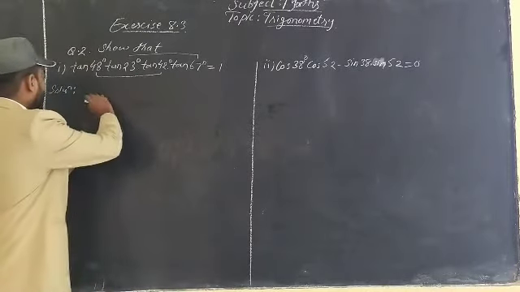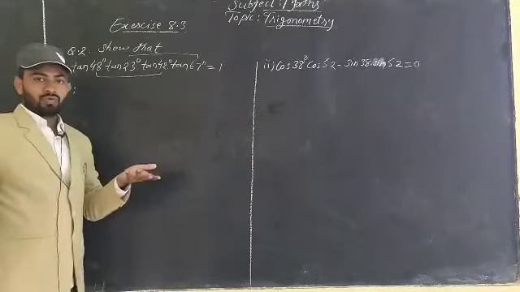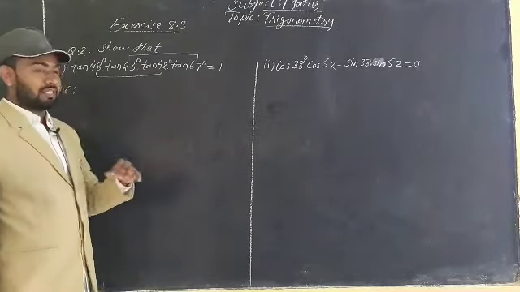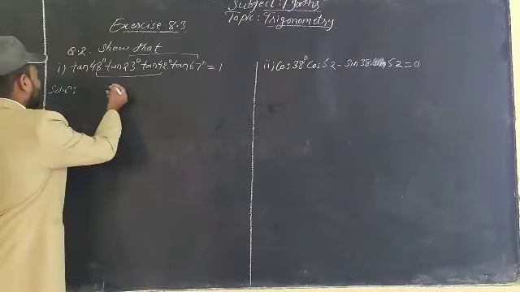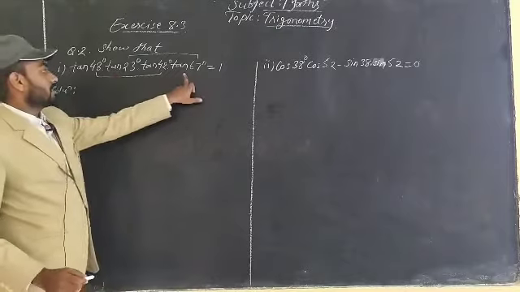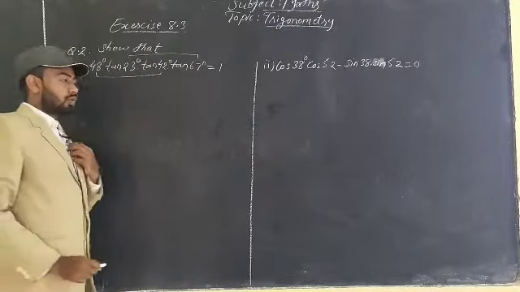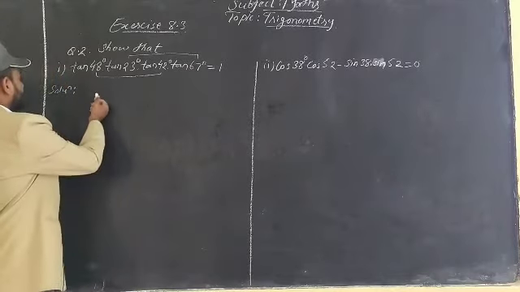Okay. So I will change this tan 42 into tan 90 minus theta, that is cot theta, and similarly tan 23 and tan 67. So I will try to change one of them into cot. Okay, let's do it.